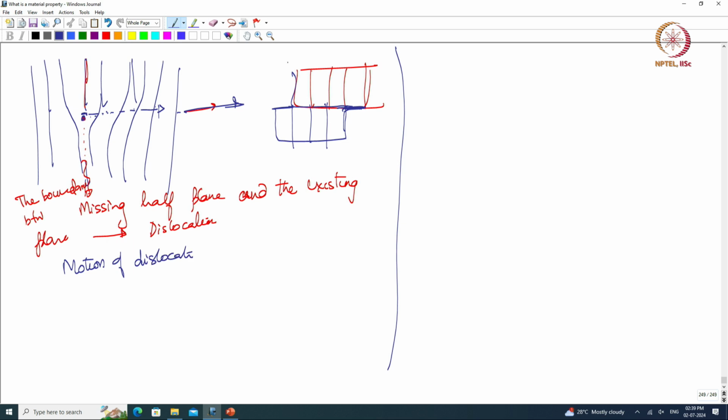If you see, the net dimension of the material has now changed, it has increased, right. So, this is d plus delta d. Initially I start with only d. So, motion of dislocations increases the net dimension of the material.